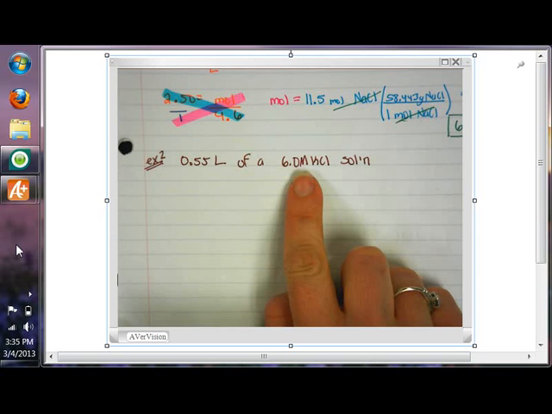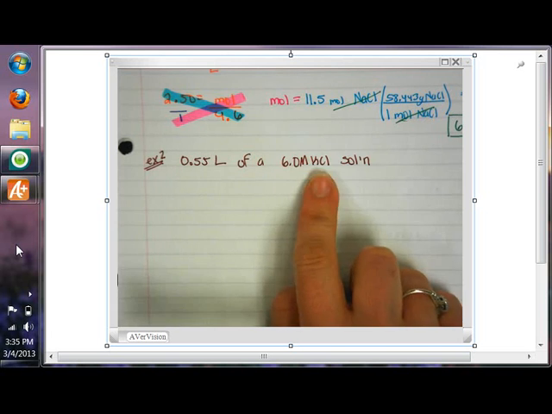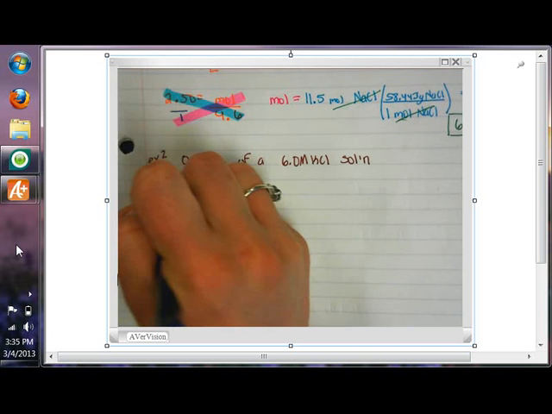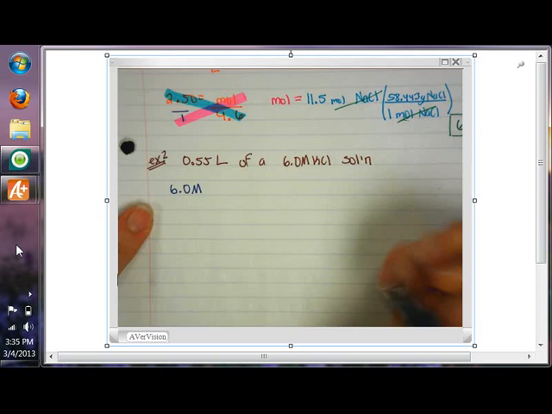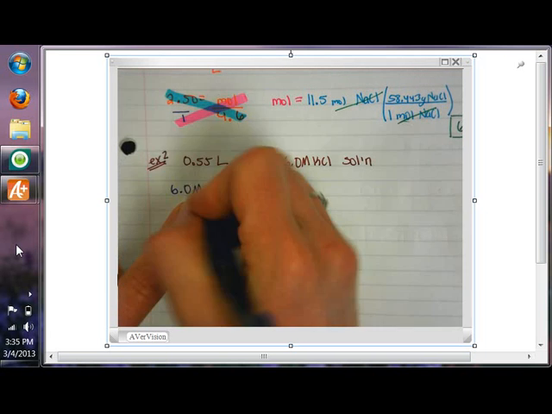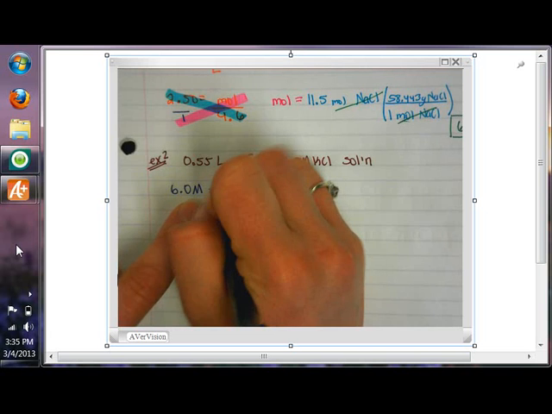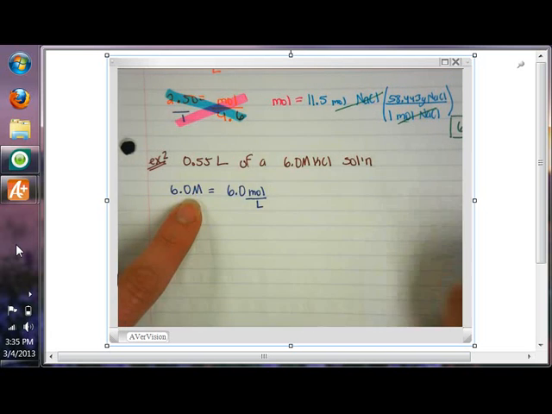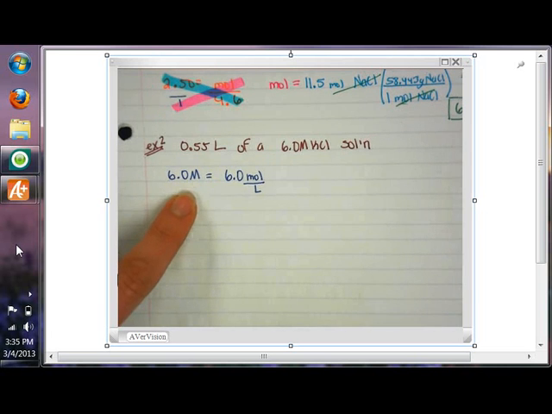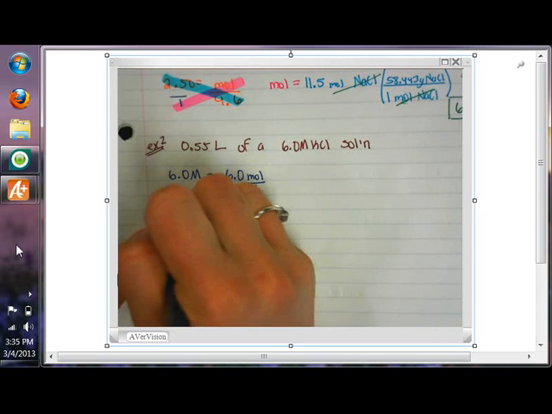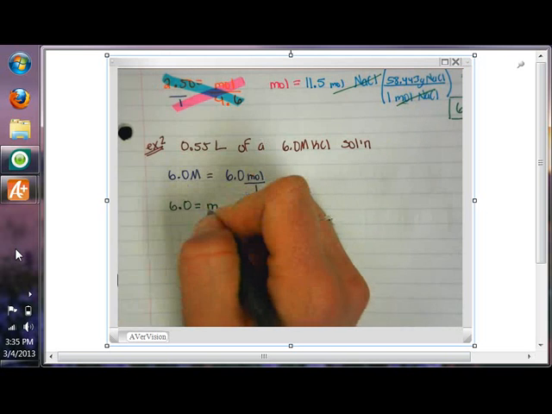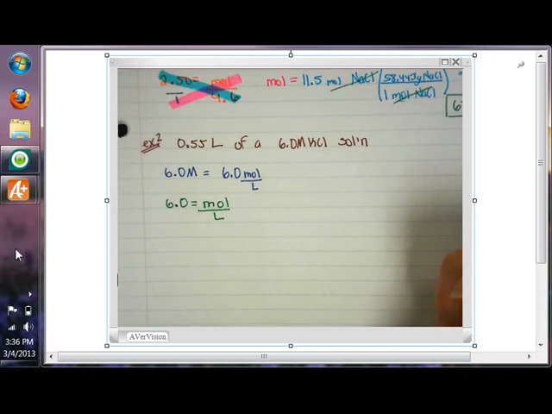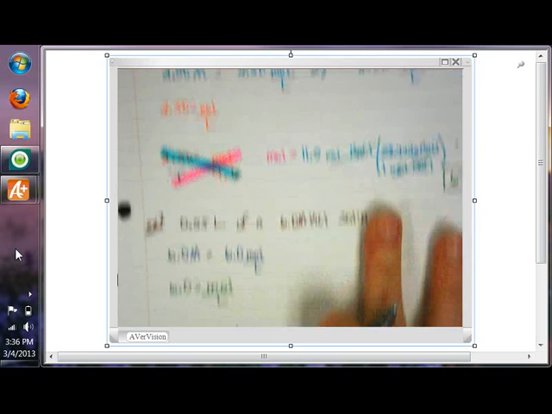So I start with what they give me, my molarity, 6.0 big M, right? And molarity, big M, that just means 6.0 moles over liters. And I could rewrite that as 6.0 equals moles over liters.